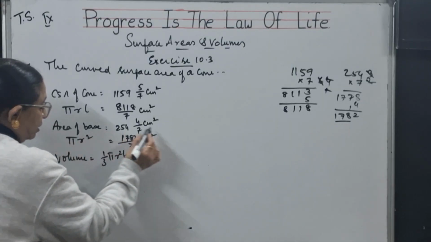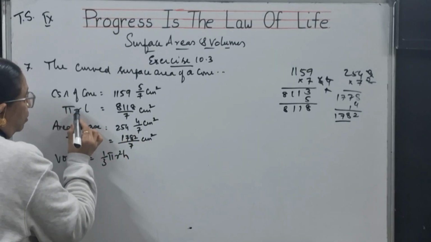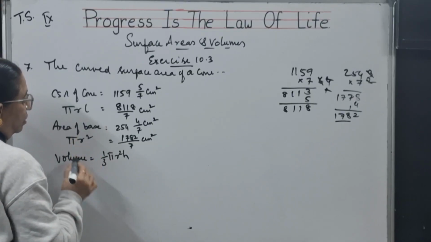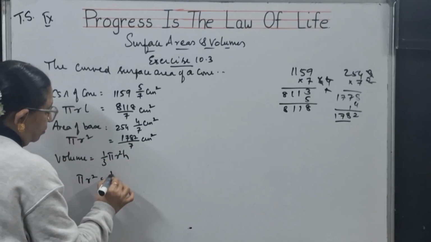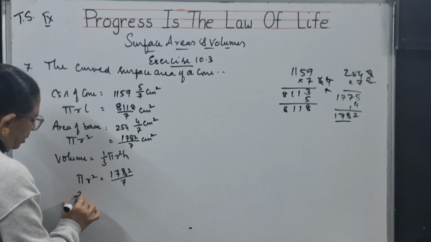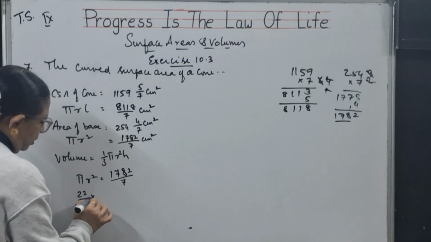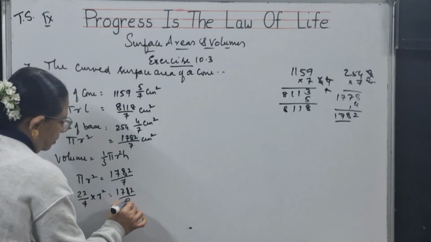So first we have to take this, children, because R is needed in this formula. So pi r square is equal to 1782/7. What is pi? 22/7 into r square is 1782/7.